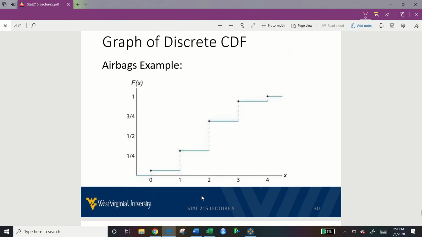Let's take a look at a graph of our discrete CDF. So using our airbags example, from 0 to 1, our probability is at that 1/16. The second we are actually including 1, that is, 1 is less than or equal to x, we jump up to that 5/16.